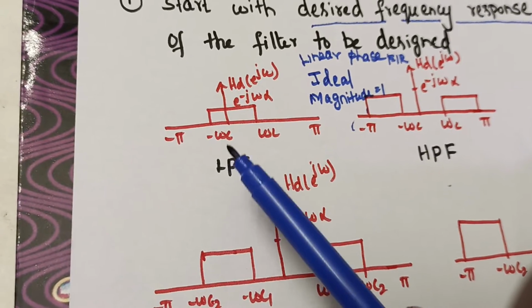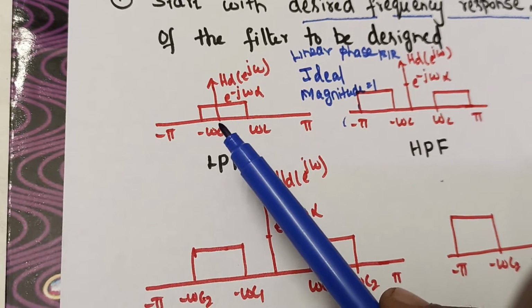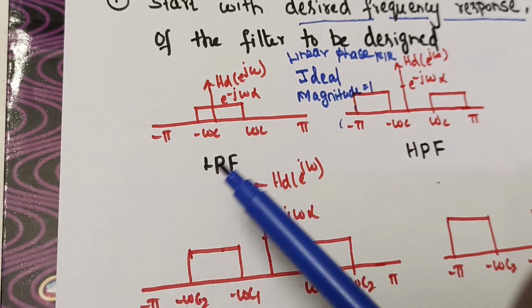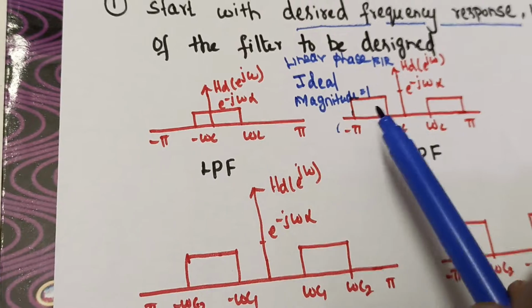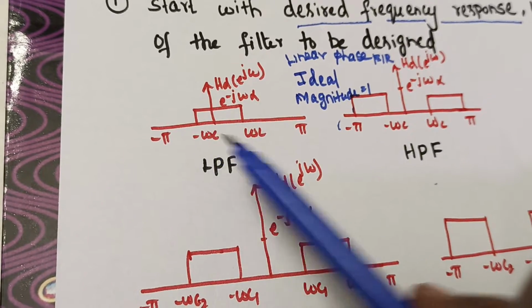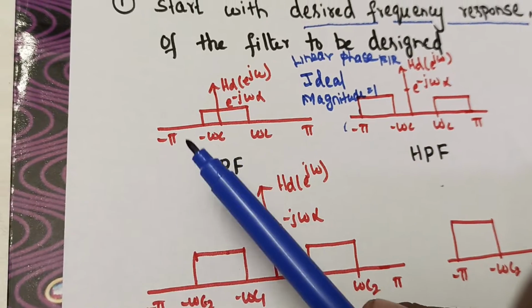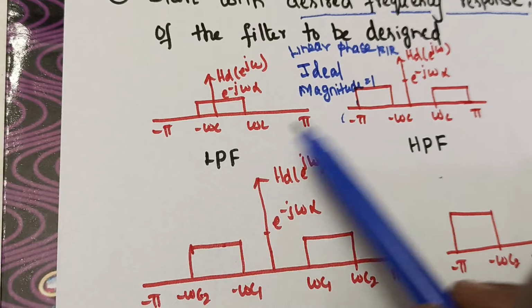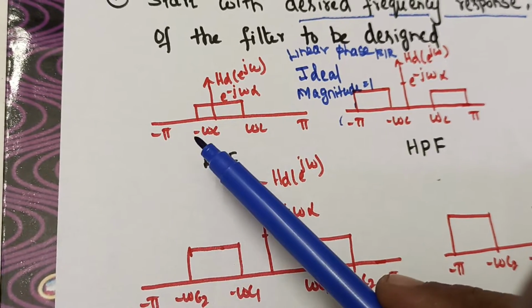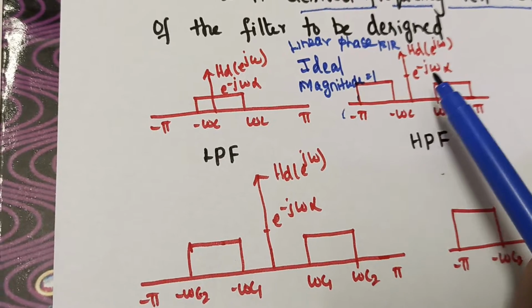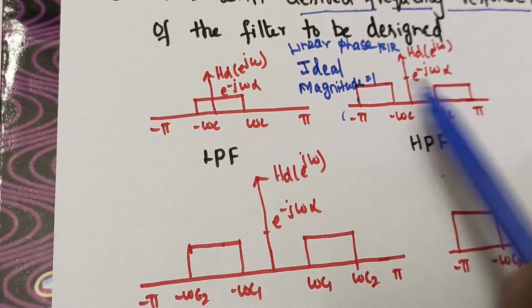So if we remember this LPF, low pass filter, passes all low frequencies from 0 to omega c, we can very well draw the response for HPF, because wherever you have the magnitude here, it should be 0, and wherever the magnitude is 0 here, it should be 1 for high pass. See here, from minus pi to minus omega c, for low pass it is 0. So for high pass it should have a magnitude of e power minus j omega alpha.